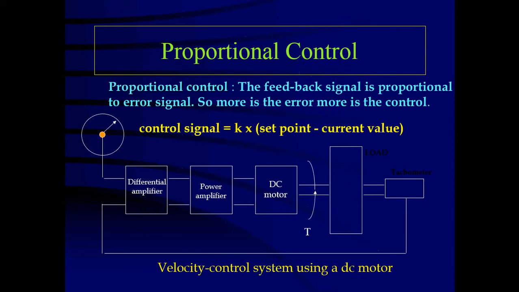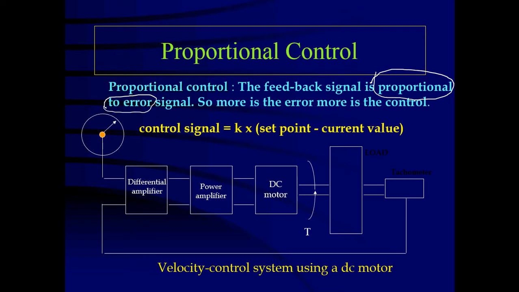Now let's take a peek at the first type of control. This is called proportional control. This is the characteristic of the proportional control. The feedback signal is proportional to the error.